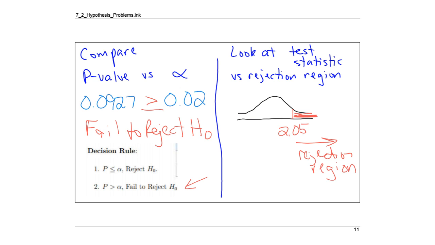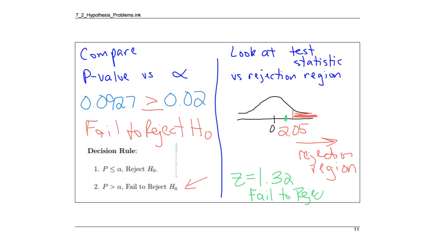But when we were doing this work, we found that our test statistic was 1.32. All right, well, zero's in the middle. That means that 1.32 would be right around here, and that is not in the rejection region.